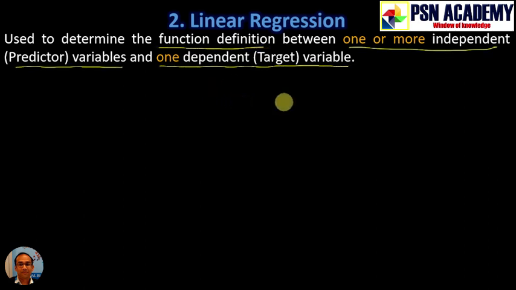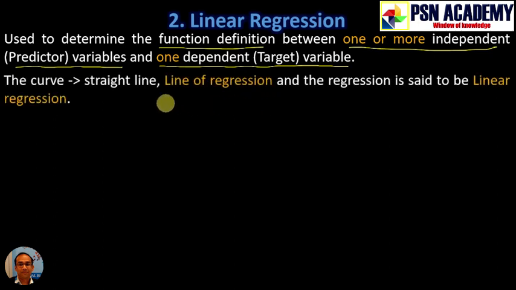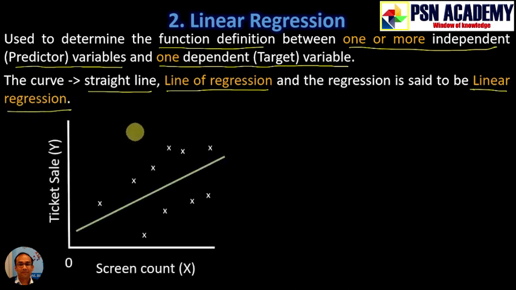Clear? Now, a function definition is a curve, right? So if the curve is a straight line, then you call that line the line of regression. And that regression is said to be linear regression. For example, you have the screen count on this side and ticket sales on this side.